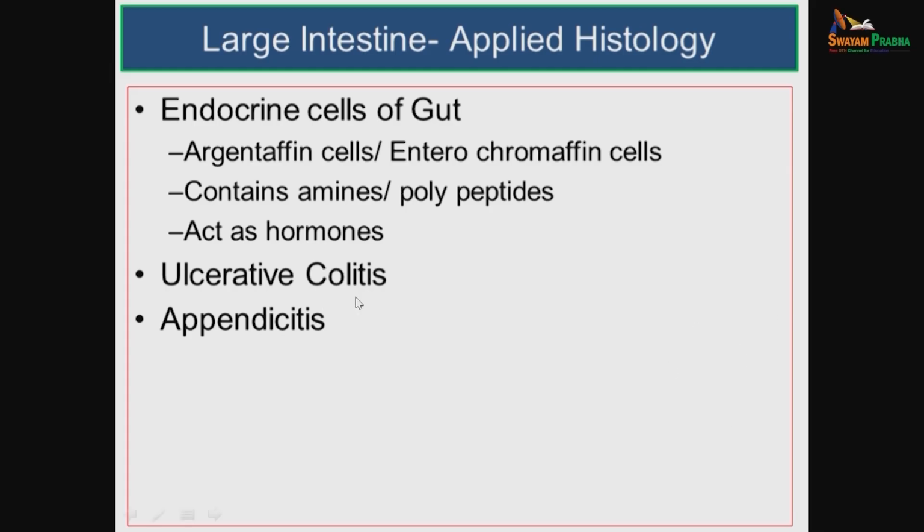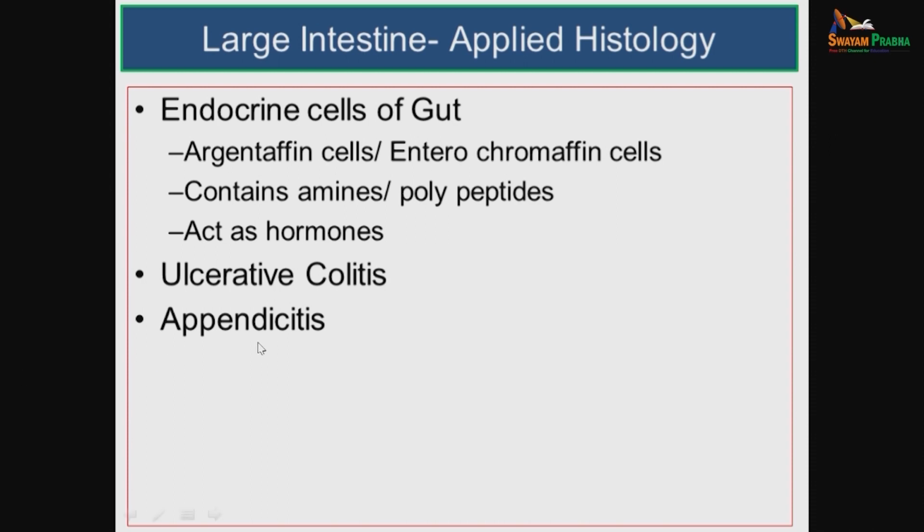The hallmark feature seen is that the lymphatic vessels, which are usually absent in the lamina propria in a normal large intestine, increase in number in ulcerative colitis. So, that feature is one of the important features determining the presence of ulcerative colitis in a biopsy slide.